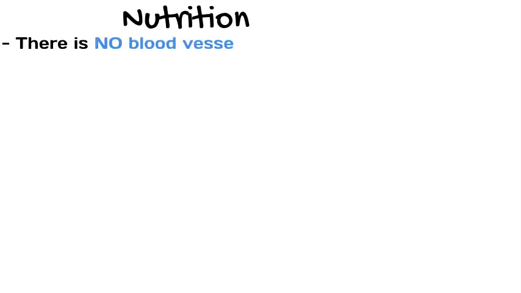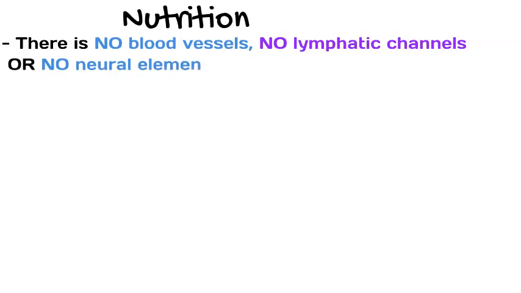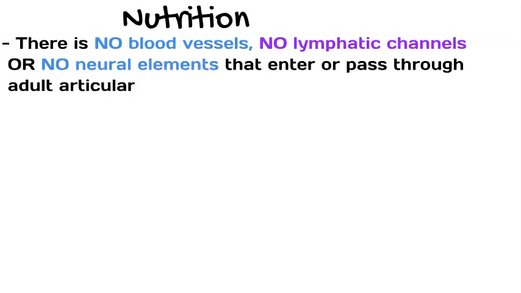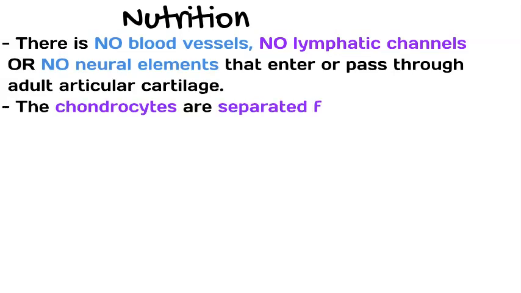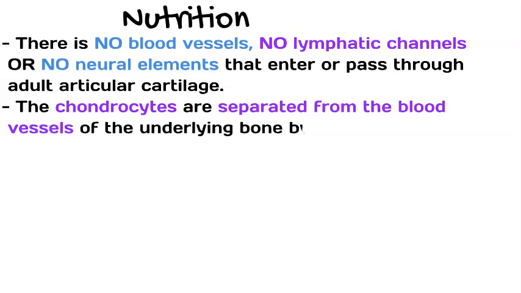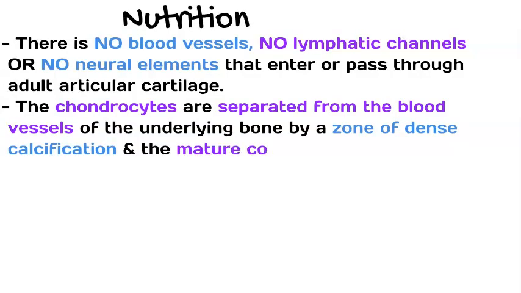For nutrition, there are no blood vessels, no lymphatic channels, or no neural elements that enter or pass through adult articular cartilage. The chondrocytes are separated from the blood vessels of the underlying bone by a zone of dense calcification and the mature cortex of the underlying subchondral bony end plate.